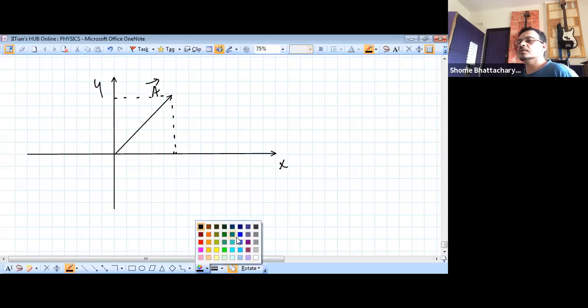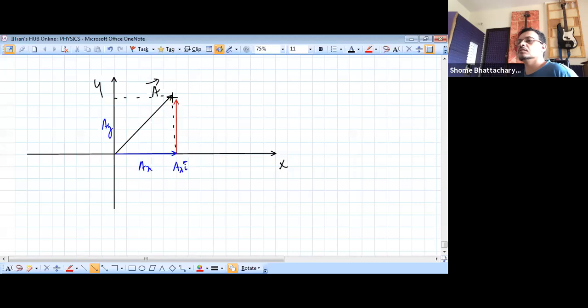So you can see that ये जो है ये मेरा x component हो जाएगा. इसका magnitude Ax होगा. And as a vector quantity it is Ax i cap. और ये जो है मेरा magnitude में Ay हो जाएगा. So that is why I can treat this as a vector Ay j cap, which is the same as this vector.